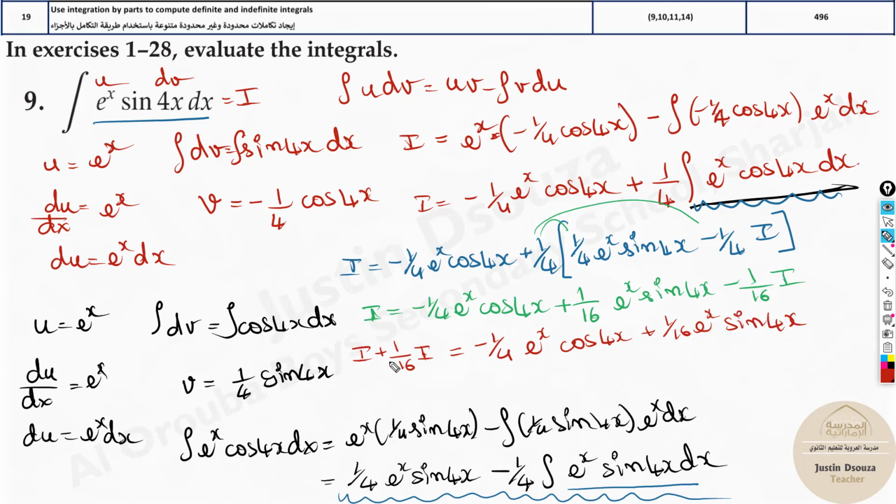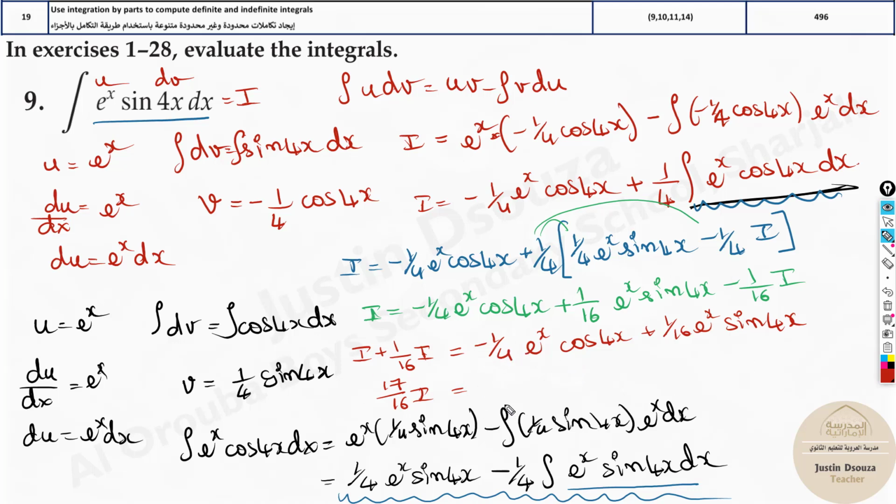Now what is I plus 1/16 of I? You can do it in the calculator, but otherwise you can just multiply. It'll be 17 by 16, isn't it? So you're adding 1/16 to a whole. So it'll be 17 by 16 I. That is equal to this entire thing.